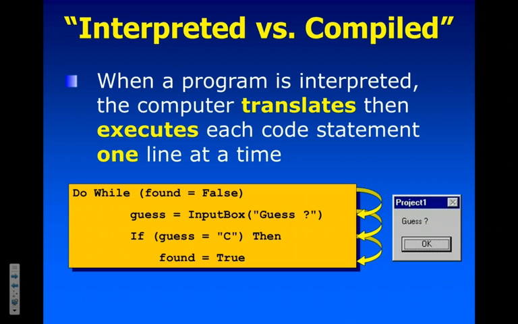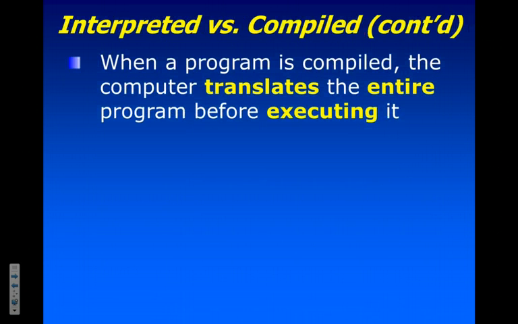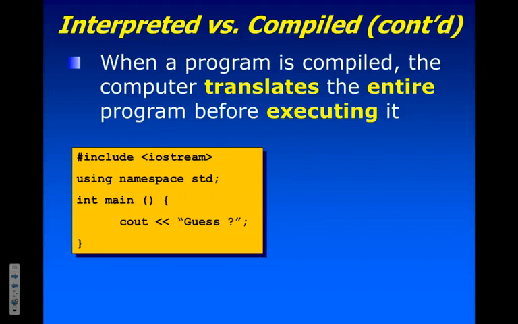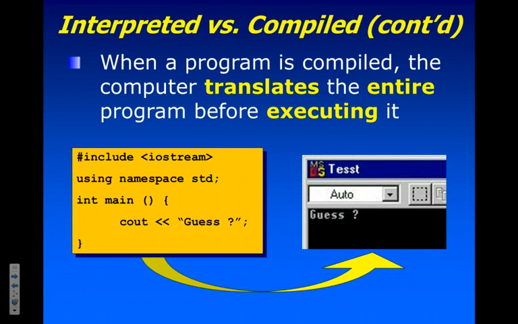Okay? And if it encounters an error, it'll stop on the line that caused the error. But with compiled languages, it goes through all the code first before it runs it. Okay? So this is an example of some C++ code. It would go through all this code, see if there's any errors. If there isn't, then it runs it. Okay? Now, there might be errors in your logic, but there's certainly no errors in the way the code is written. Okay.